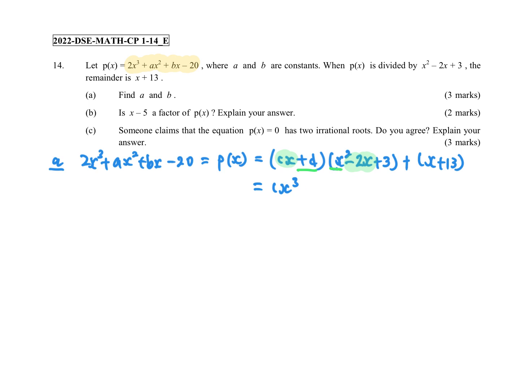We will have d minus 2c for the x squared coefficient. Similarly, the x term will be 3c minus 2d plus 1. And finally, we have 3d plus 13 for the constant term.